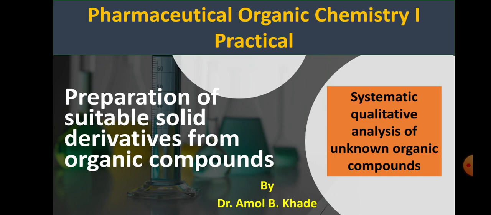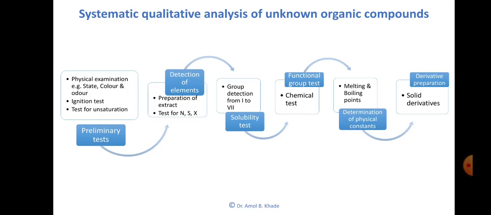In the previous videos, we have discussed a lot about how we can identify the given unknown organic compound using a systematic qualitative analysis approach. We have seen that when a solid or liquid compound is given to you and you are supposed to identify what the compound is, you have to perform a series of tests which are referred to as qualitative tests. We start with the preliminary test, then we go for the detection of elements present in the given unknown compound other than carbon and hydrogen.